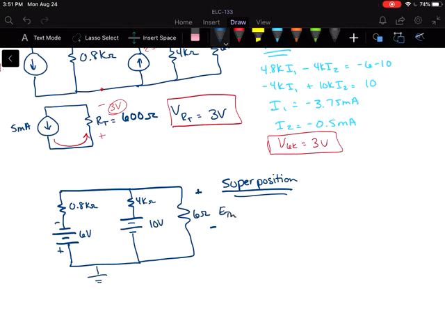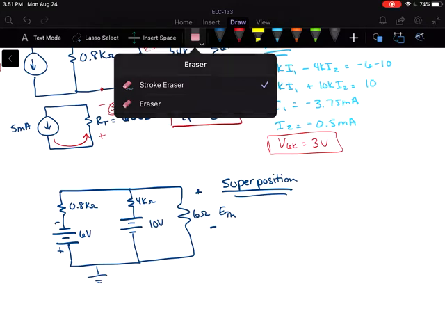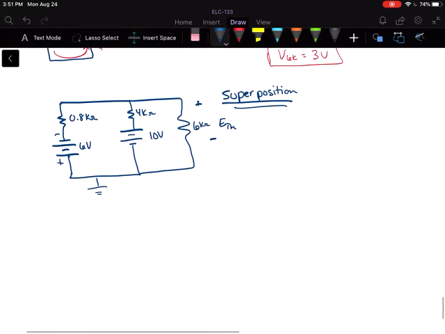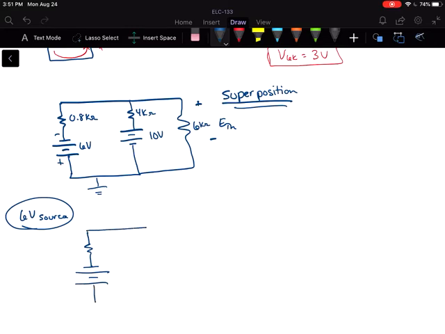If we're looking for the voltage drop across that 6k ohm, supposed to be a k ohm resistor, let's find it first due to the 6-volt source. Okay, so we're going to set our 10-volt source to 0, meaning that we just short it out right there.